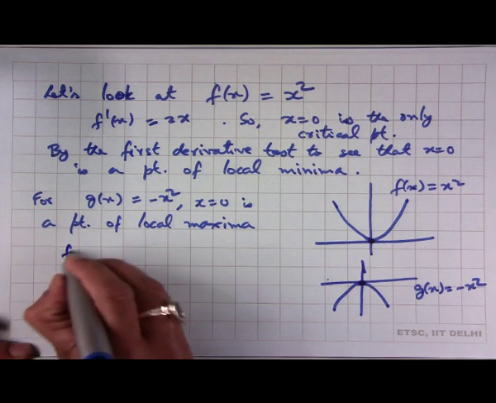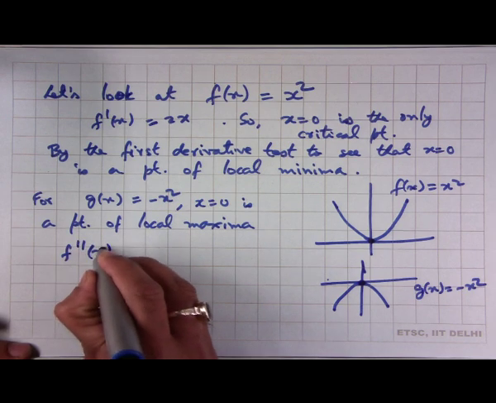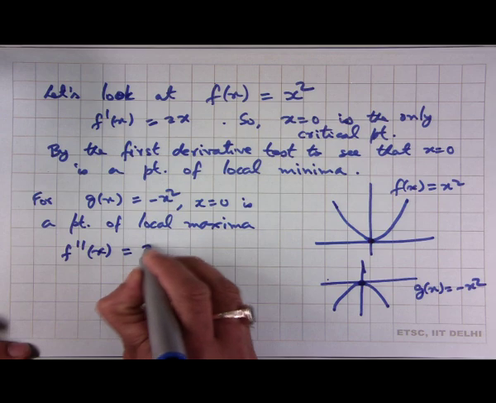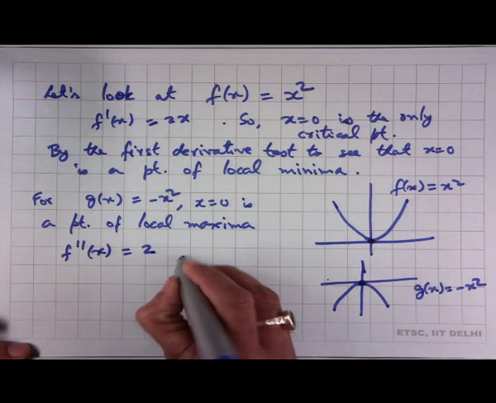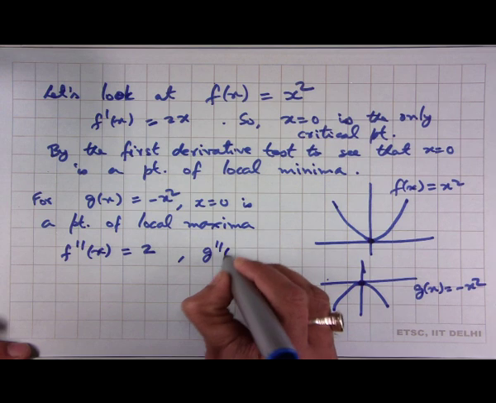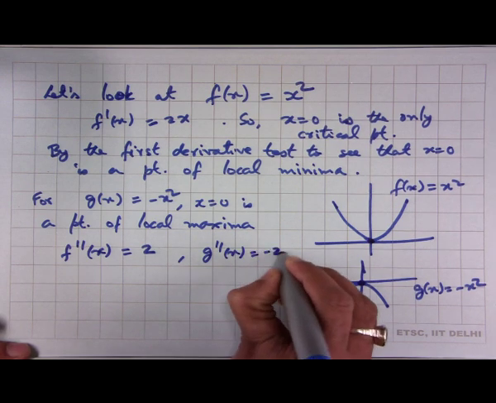Let us look at the second derivative. What is f double prime of x? This is equal to 2, and if I look at g double prime of x, this is equal to minus 2.